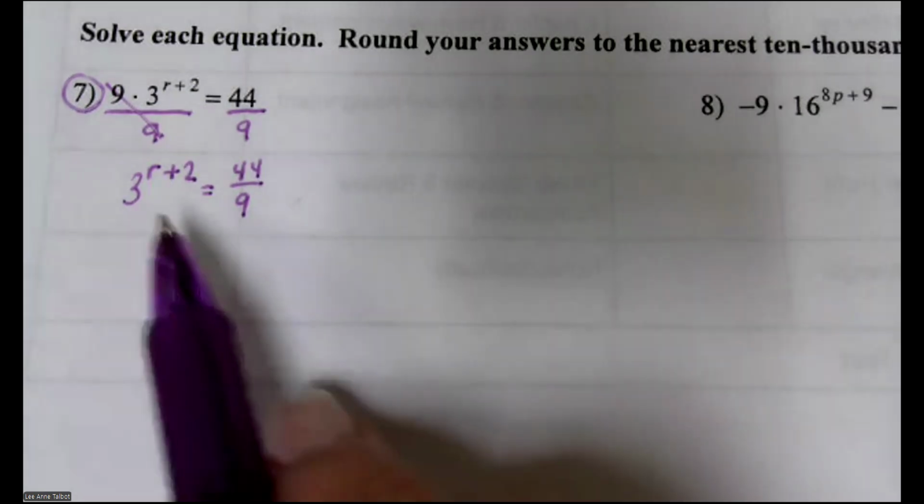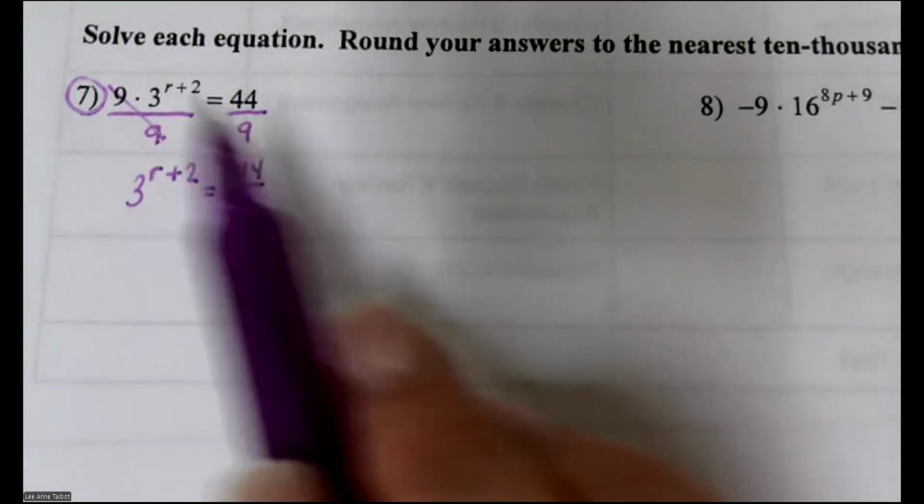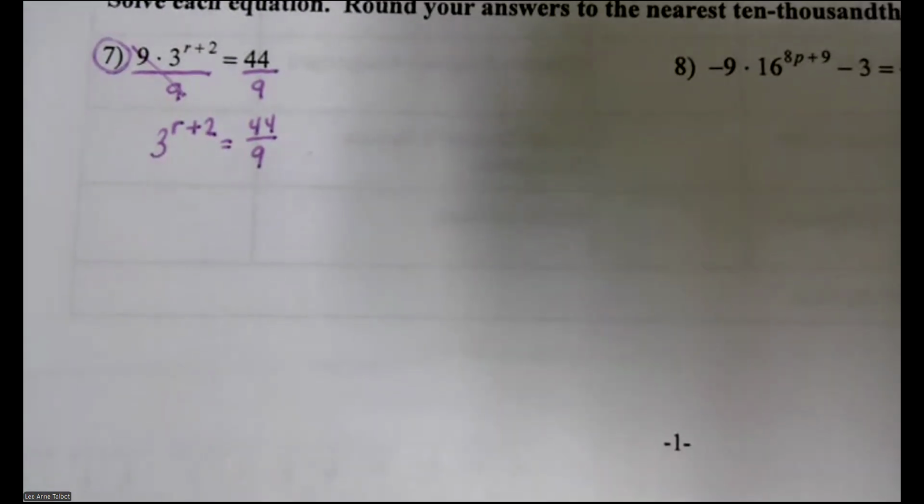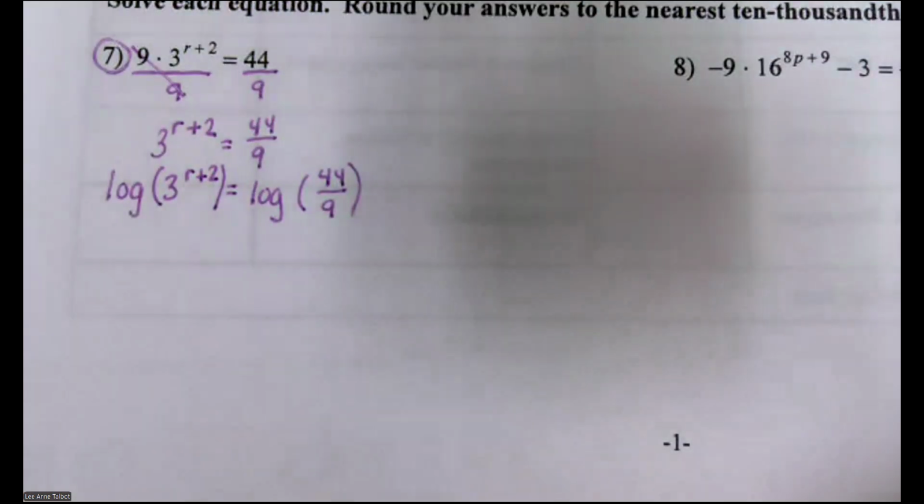Okay, now this is the point where I have base, exponent, and answer. So to get the exponent to where I can solve for it, I'm going to log both sides. You can do parentheses.